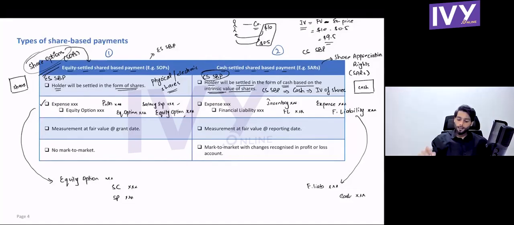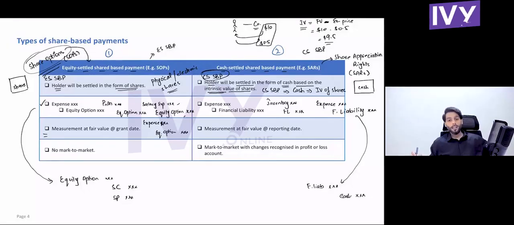Understood? Now the third point that I want to make here is, now you know the accounting entry, right? You know that expense is going to be debited, and equity option is going to be credited. But now the question is, sir, what value is going to be used for the debit or credit?